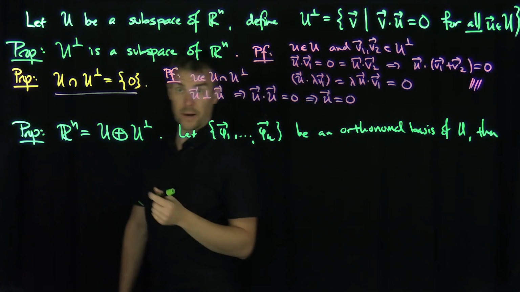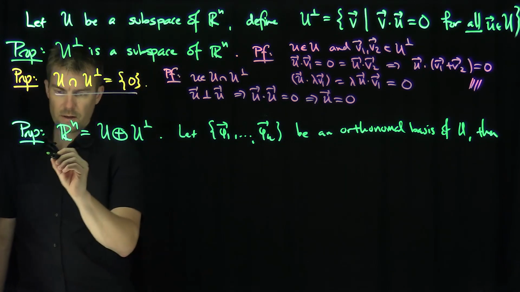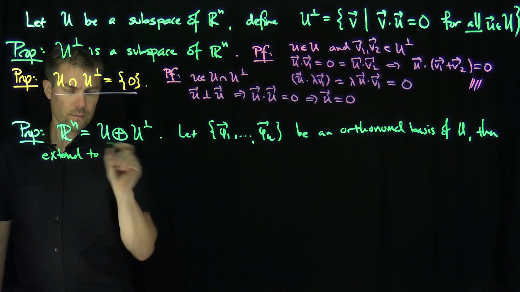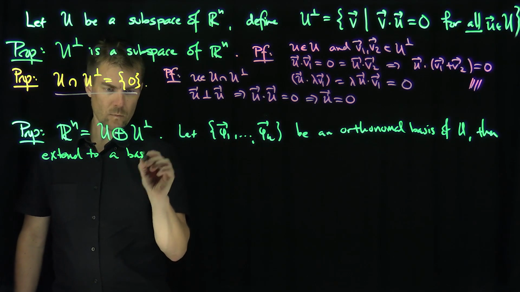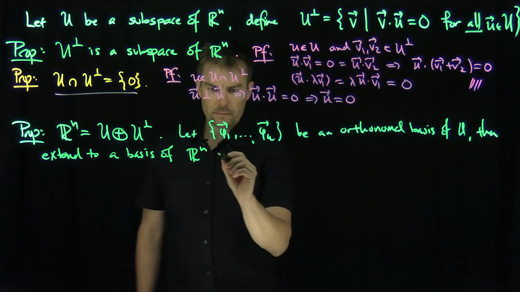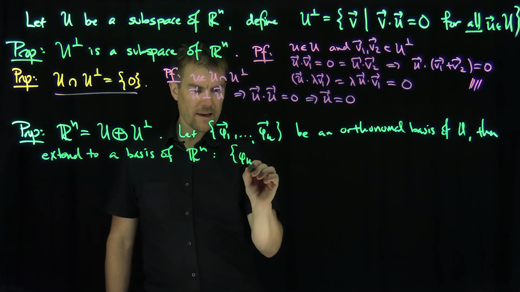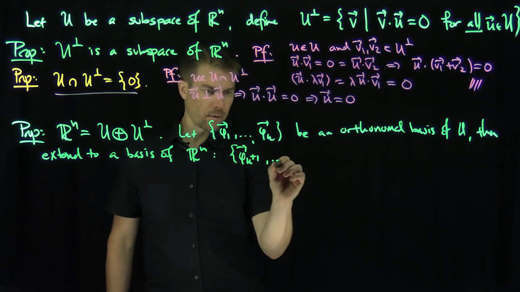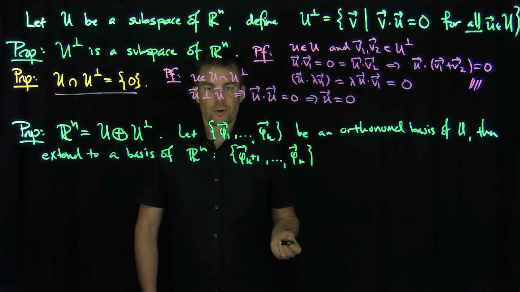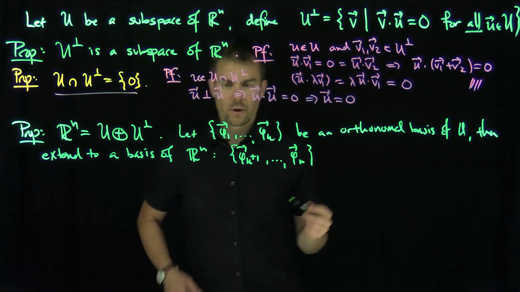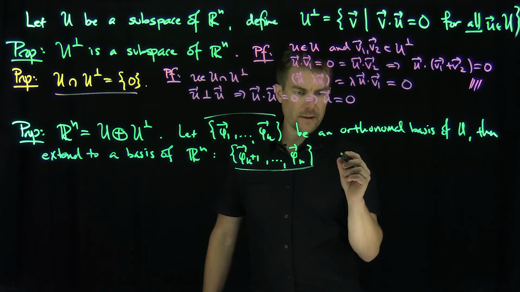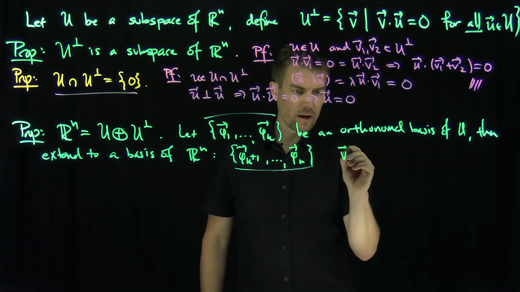Then extend this to a basis of R^n, by adding phi k plus 1 through phi n. And I'm going to do this in such a way that they're perpendicular to each other. So in other words, the first ones are going to be a basis of U, and the rest will be a basis of U perpendicular.